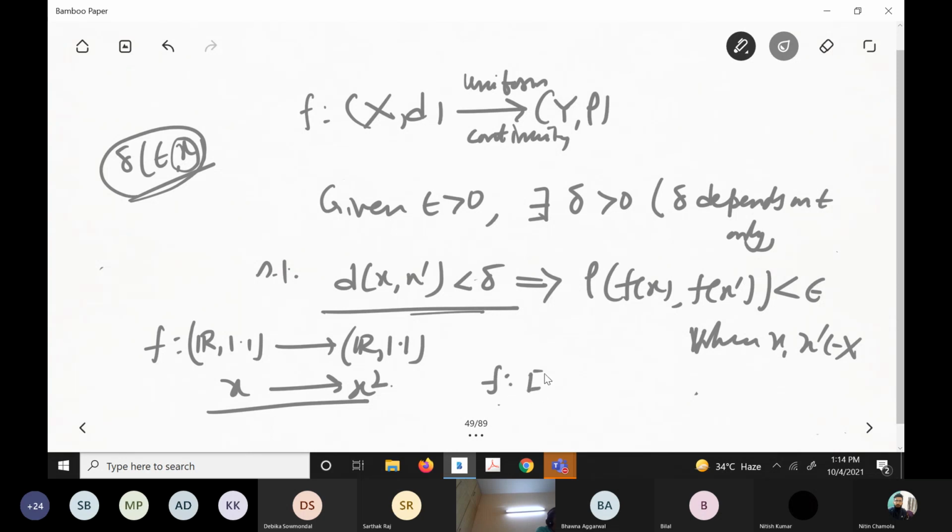Suppose you take the closed bounded interval. You can take an open interval, doesn't matter. Here it is uniformly continuous. You just need a simple calculation, 2-3 lines. This is BSc knowledge, but on the whole line it is not uniformly continuous.